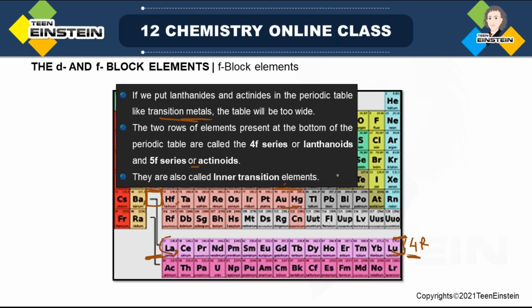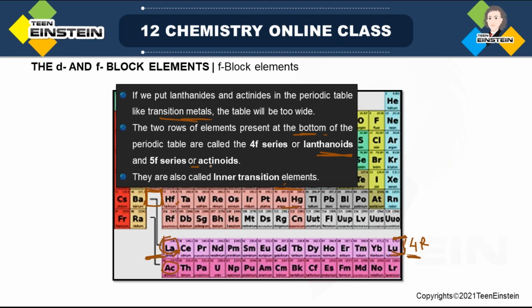So the two rows of elements are present at the bottom of the periodic table, and they are known as 4f series or lanthanoids. The name is given depending on the first member. And the 5f series or actinoids is also named based on the first member, and they are also known as inner transition elements.